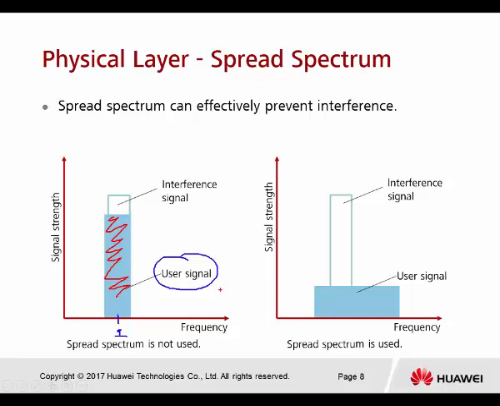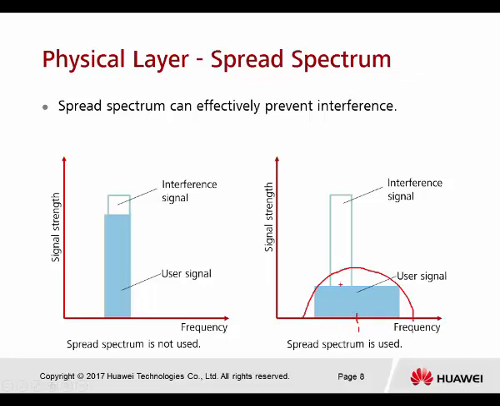So this is the reason why we have to use the spectrum. With spectrum, our user signal will become like this. So this is the reason why you can see our channel occupied like this, channel number 1. Then we have 20 megahertz.